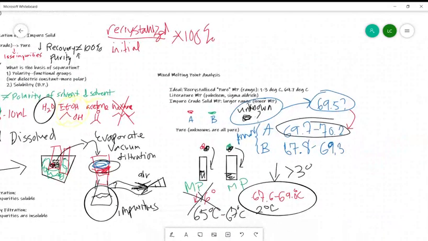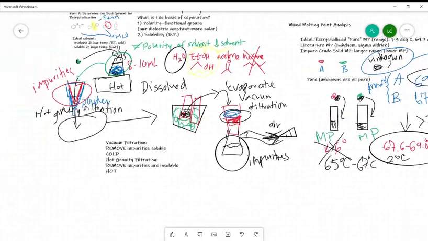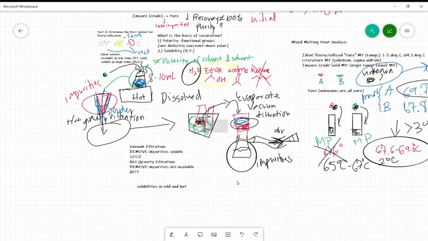And then another calculation is the one I was talking about here with the solubilities, in cold temperature and hot. So if you're given the solubility at a cold temperature and hot temperature, you can assume cold is like 0 degrees and hot is 100 degrees, something like that, if you're using water as a solvent.